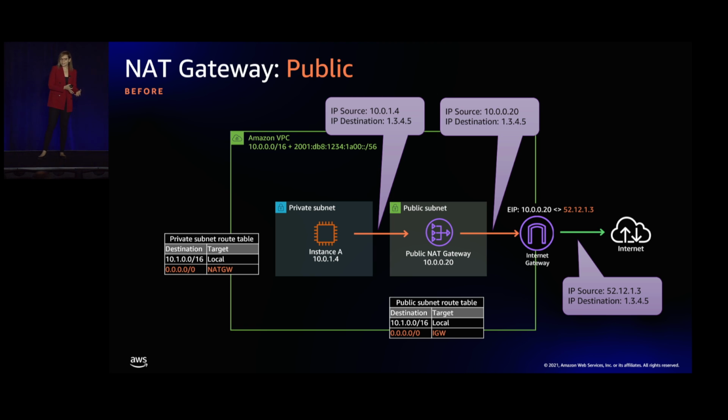With private NAT, that dependency is removed. You can deploy private NAT gateways in your VPC without the need of having an internet gateway. And what that enables is just the translation between two different private IP addresses.